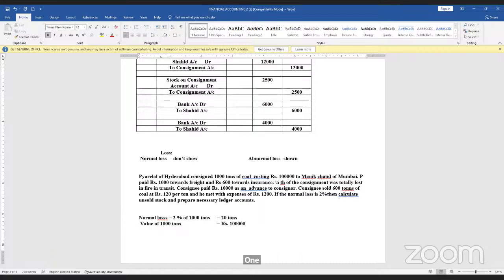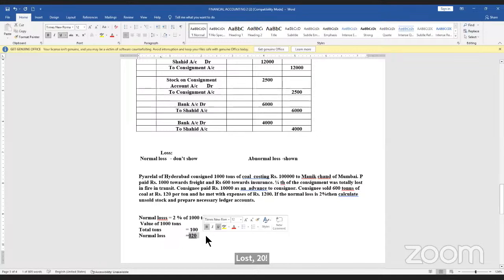So this 1 lakh we should take after loss. So this is how you are supposed to do. Total tons equals 1,000. Normal loss equals 20.